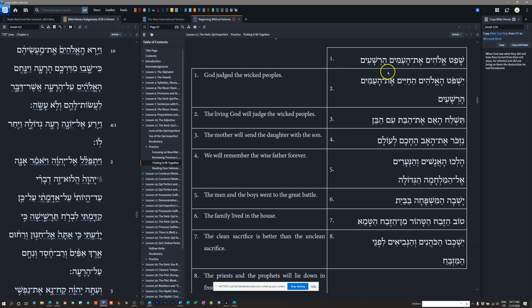So this particle really kind of divides the sentence here. So we can be pretty confident that ha Chaim modifies ha Elohim, especially when we see that they match in gender and number.